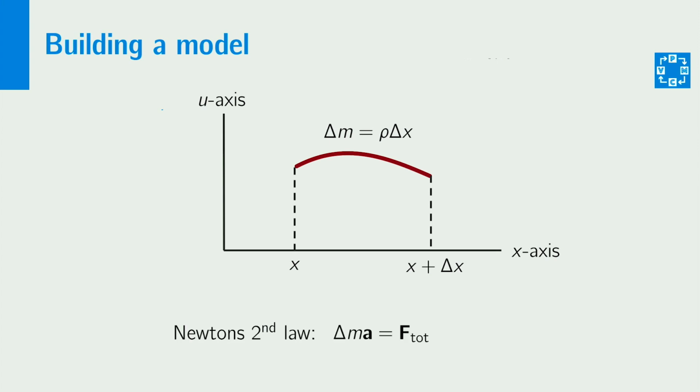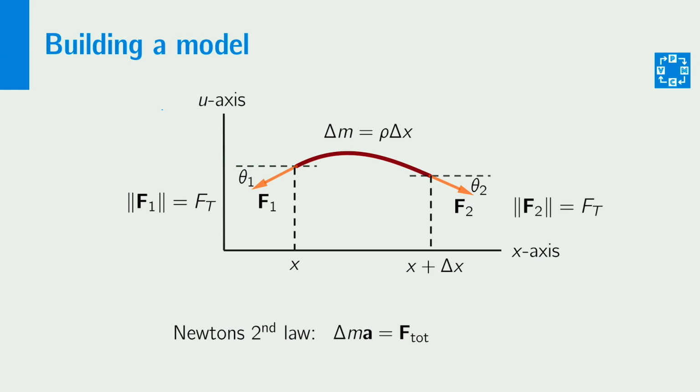Newton's second law of motion tells us that the mass times the acceleration must be equal to the applied external force. Now let's assume, for simplicity, that the only force acting on the rope is the tension caused by Alice and Bob's pull. On the left end of this segment, the tension is a force F1 with magnitude Ft pointing in the direction of the rope, and similarly, on the right-hand side there's a force F2 with magnitude Ft.